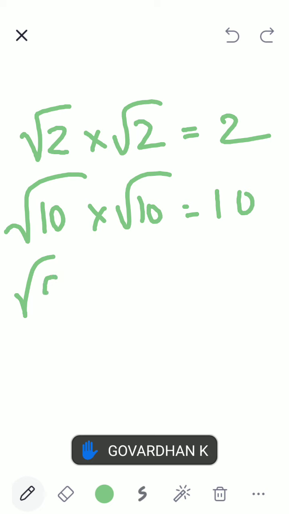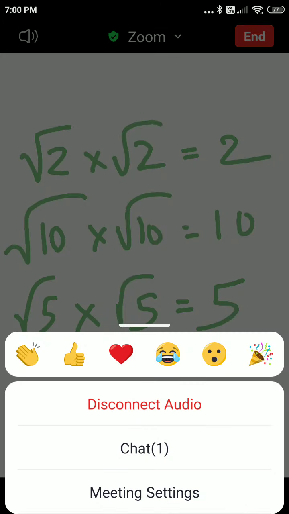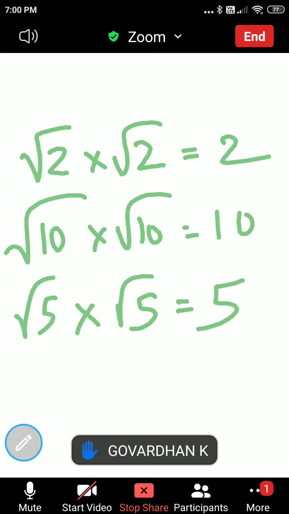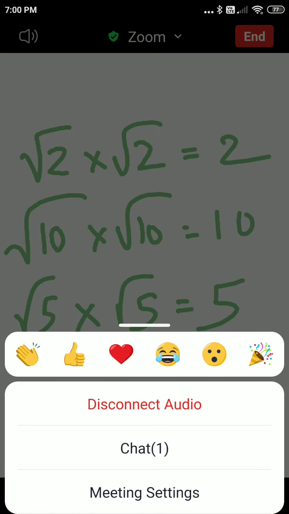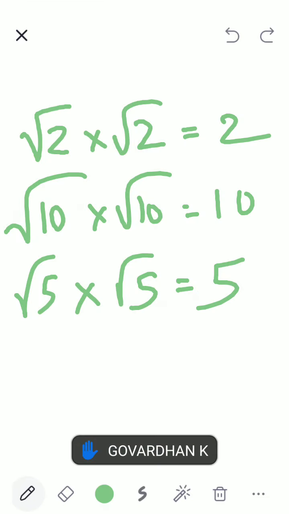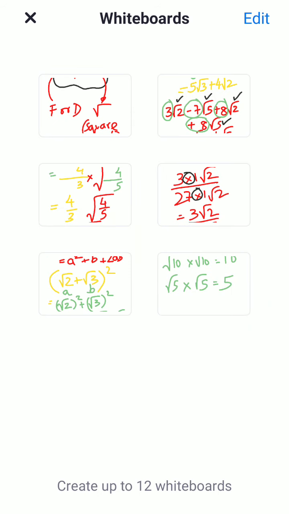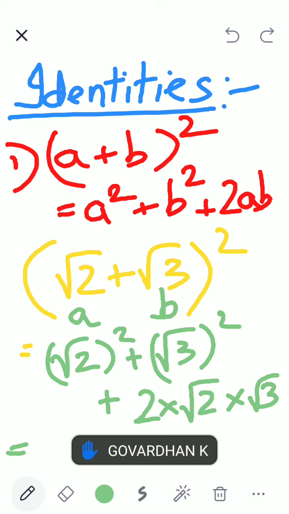Root 5 into root 5 equals 5. You didn't do it and you all forgot. Now let's do it again. What is root 2 square?